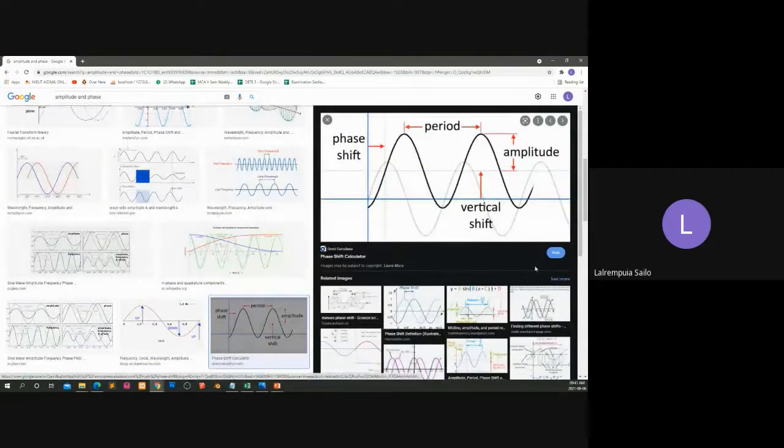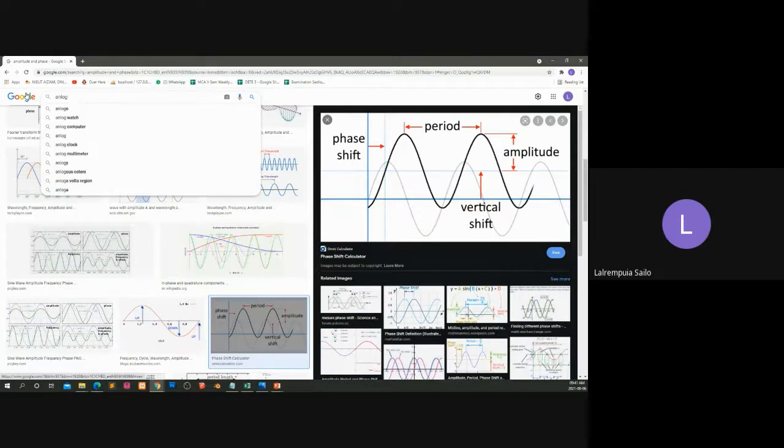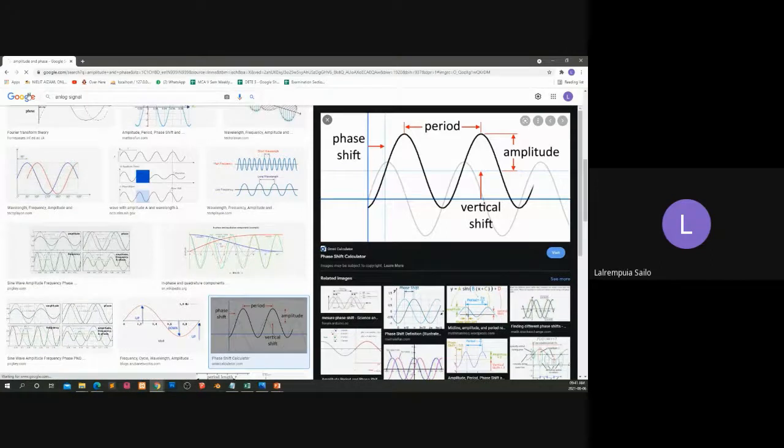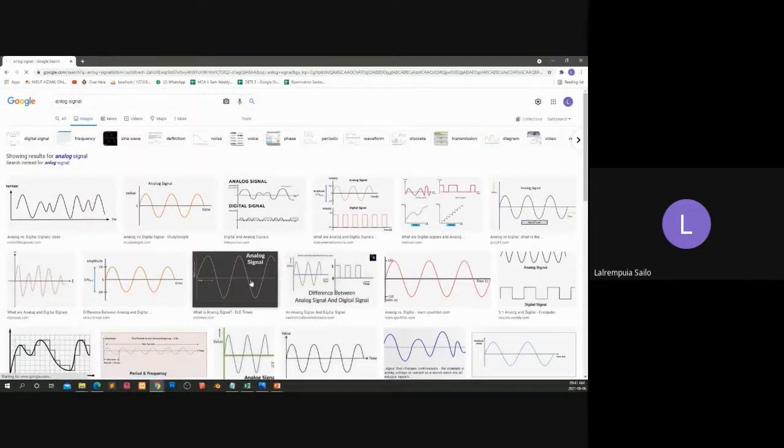Each and every cycle of these signals, we have a sine wave. This is calculated using coordinate geometry in these analog signals.